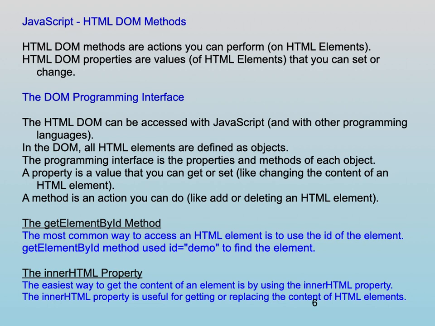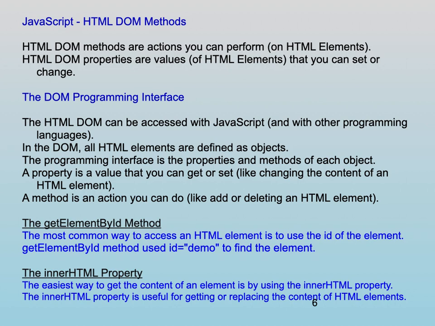Another thing, the innerHTML property. The easiest way to get the content of an element is by using the innerHTML property. The innerHTML property is useful for getting or replacing the content of HTML elements. Suppose you identify a particular element by its ID using the getElementById method.